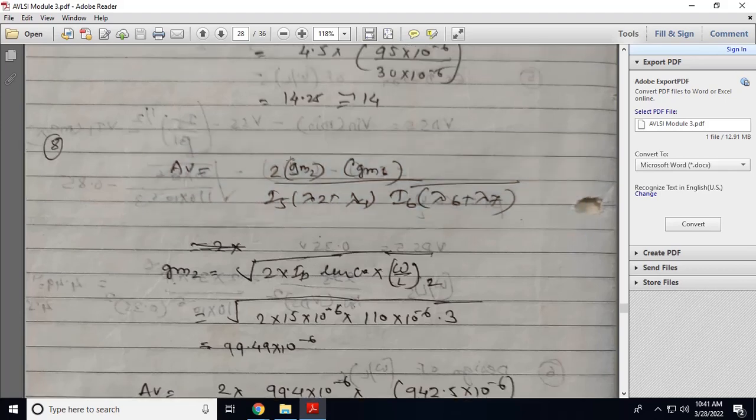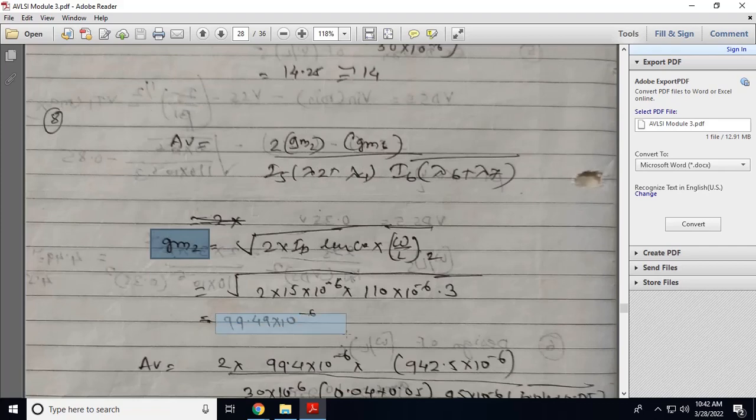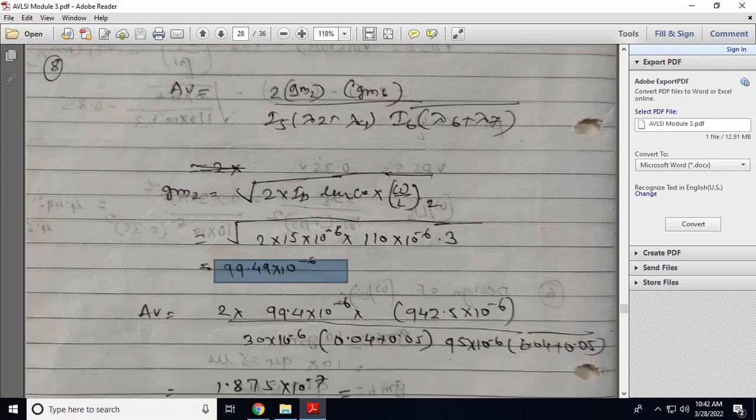So we can calculate transconductance 2 by using the current and device dimension equation, that is square root of 2 ID Kn size of 2. So 2 ID is 15 micro, Kn is 110 micro, size of 2 is 3. So GM2 is 99.49 micro.